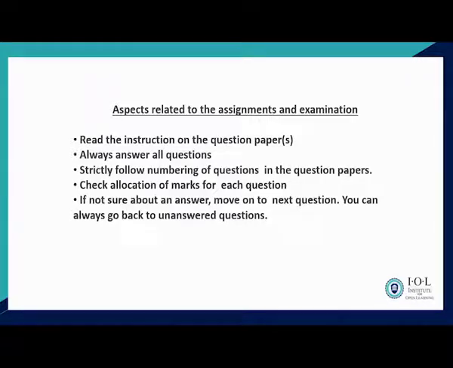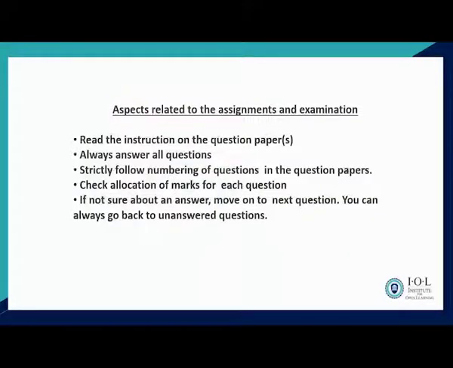If a question is allocated 10 marks, based on your knowledge and understanding of the question and how you prepared yourself, you should be able to get full marks for the number of marks allocated to the question. Even if the question is 10 marks and you only give two answers for the 10-mark question, you will only get 2, which means that you are not well prepared for that question. So it is important that you check the allocation of the marks.